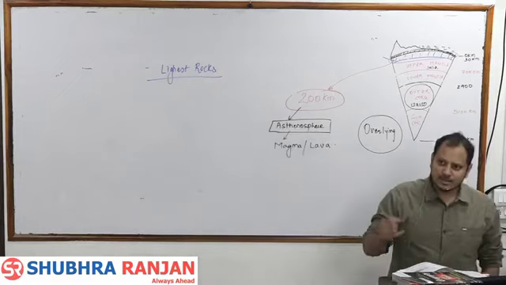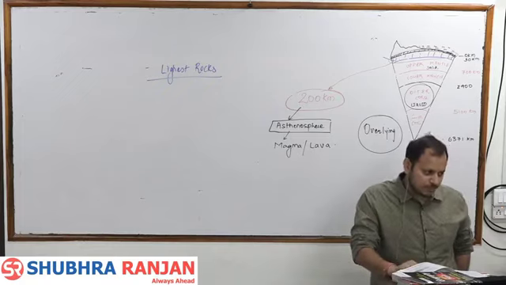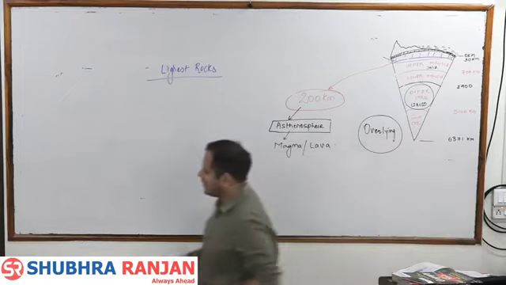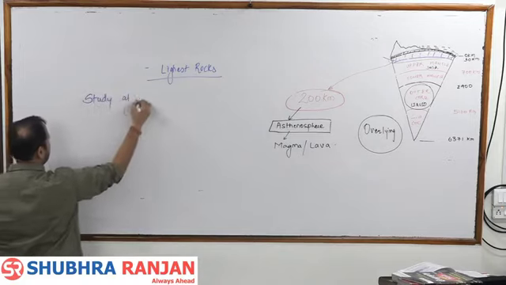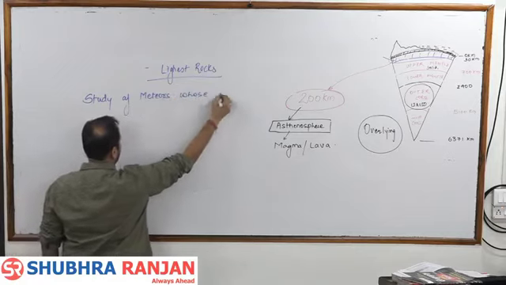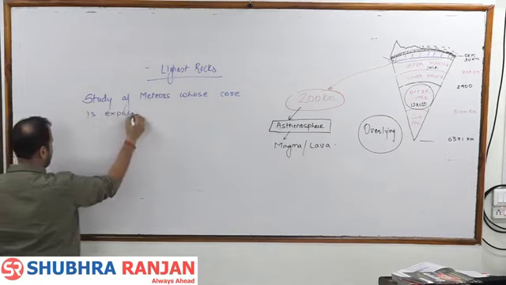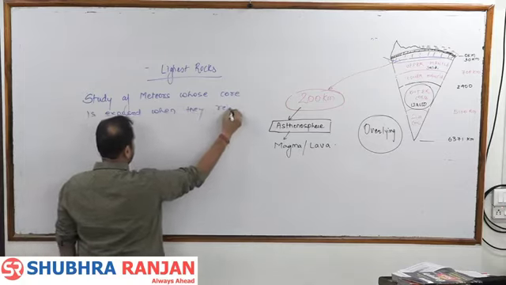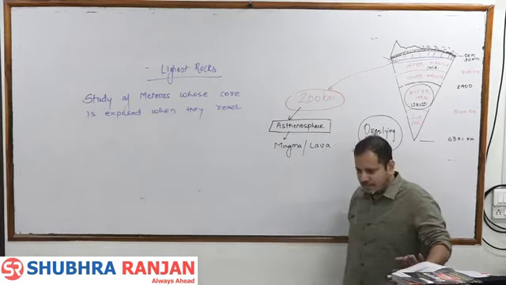One last point. This can also be proved. By the boiled egg? No, that is not to be written in the exam. This can also be proved by the study of meteors whose core is exposed when they reach the Earth's surface.